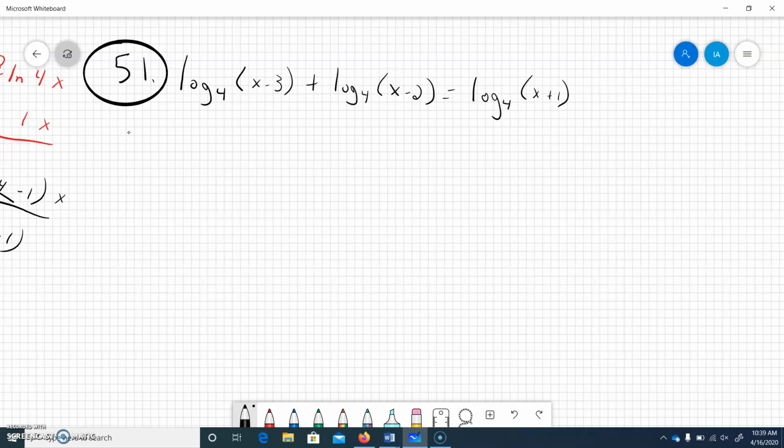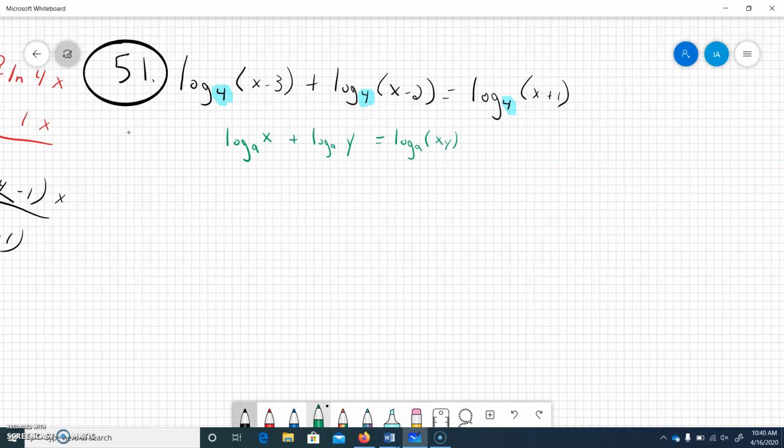So the good thing on this problem is everything is the same base. Log base 4, log base 4, log base 4. That means that these three logs could be combined in some way, although I don't have to combine all three of them. But let's use a property of logs that says if we have log of x plus the log of y, that we can turn that into a single log of x times y.